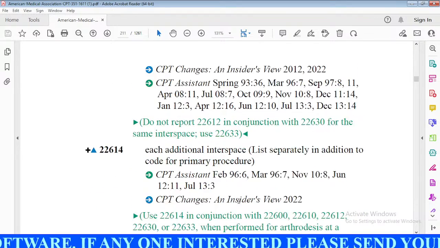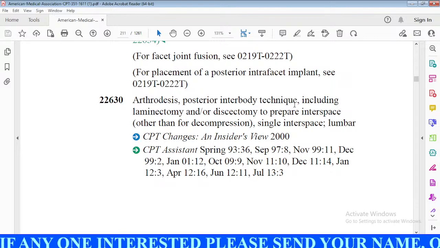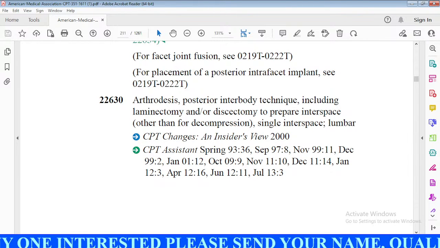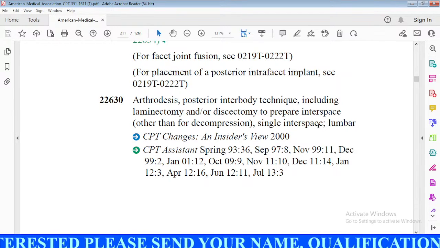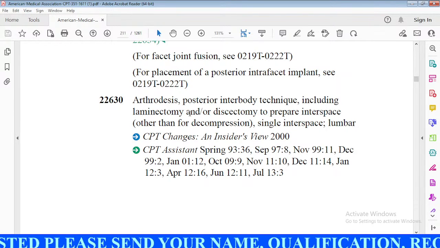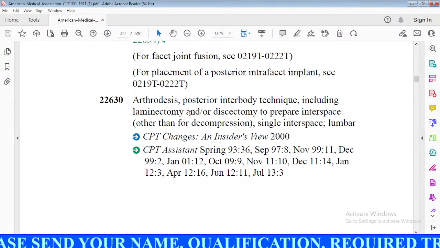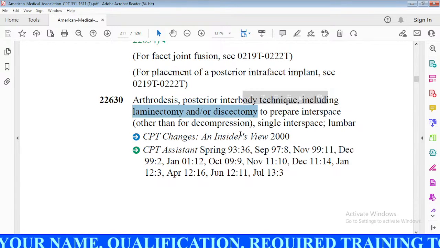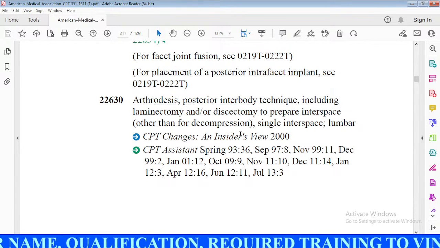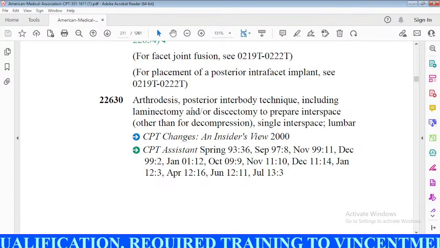Now we will check 22630: arthrodesis, posterior interbody technique, including laminectomy and discectomy to prepare interspace, single interspace. If you read our operative report, we have keywords like laminectomy and discectomy, and in the code description also we have these keywords. So here our answer is 22630.